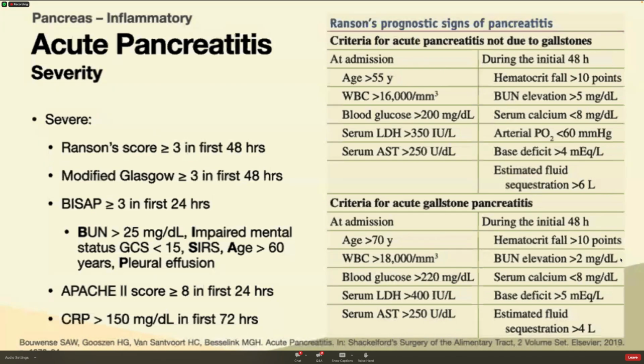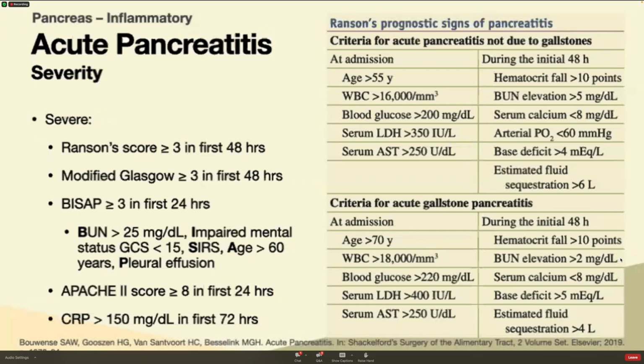So you have to memorize the components of the Ranson's criteria, which are age, WBC, blood glucose, LDH, AST, hematocrit fall, BUN elevation, calcium, arterial PO2, base deficit, and fluid sequestration.